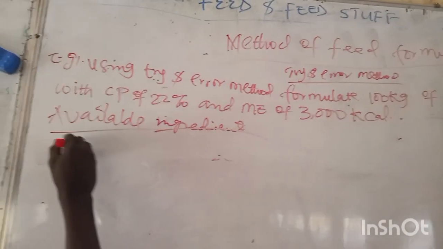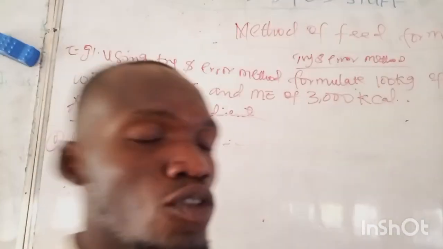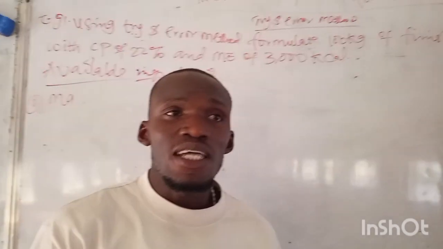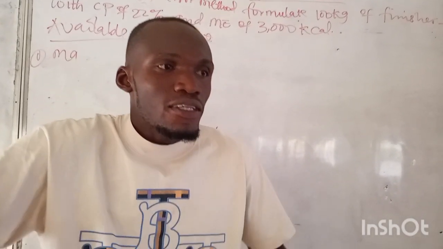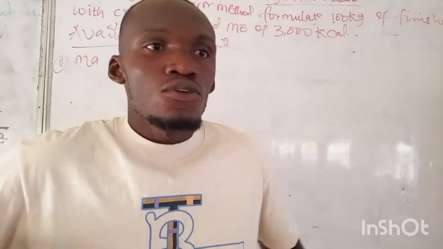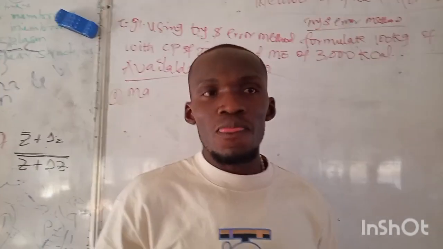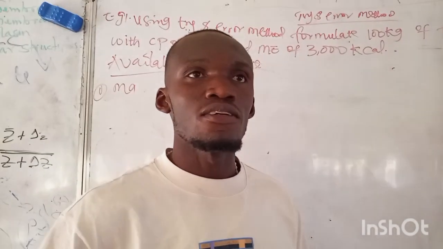maize. Now, before you formulate with this trial and error method, there is every possibility that the lecturer will ask us to give the ingredients we want to use ourselves, or he will provide the ingredients on the paper. All left for you is to input the necessary values which he might not bring.